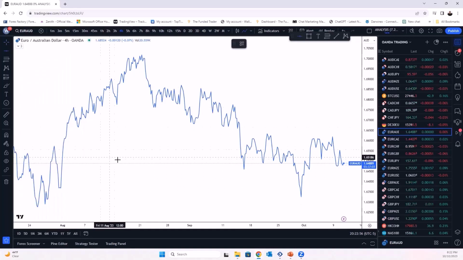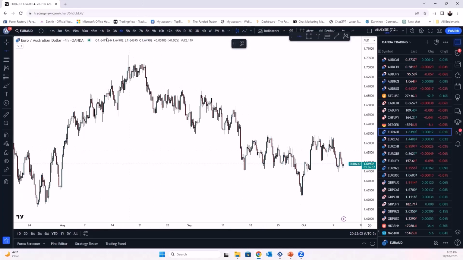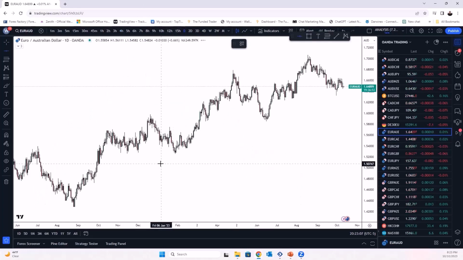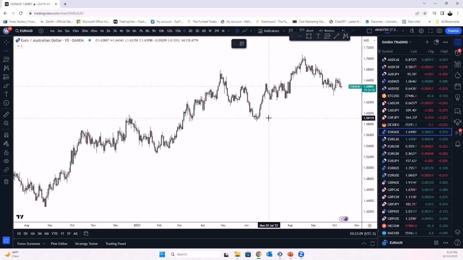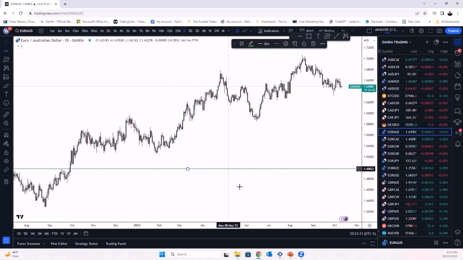And all you're going to do is, and I don't do that now, I do it more on a bar chart, but come to a daily time frame, and all you're going to do is just drop a horizontal line on the chart. Drop it anywhere on the chart.